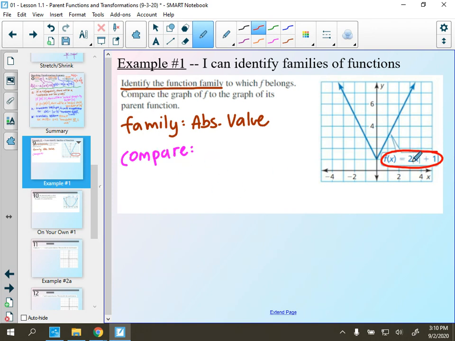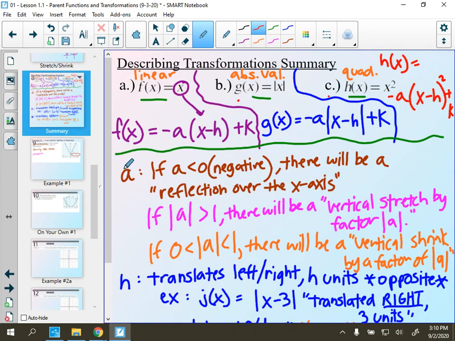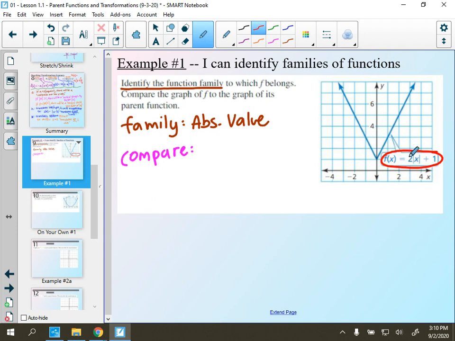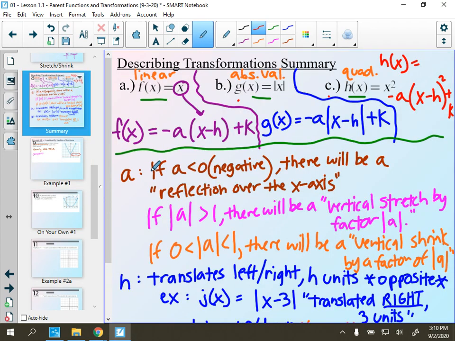Let's talk about this 2, this number in front of the absolute value. Where did we see that? We said that falls in line with our a, right? A number in front of our absolute value. Is our 2 negative? Nope, it's positive. So I would never say anything about a reflection over the x-axis because a is not negative, it's positive. So this one's off the table.